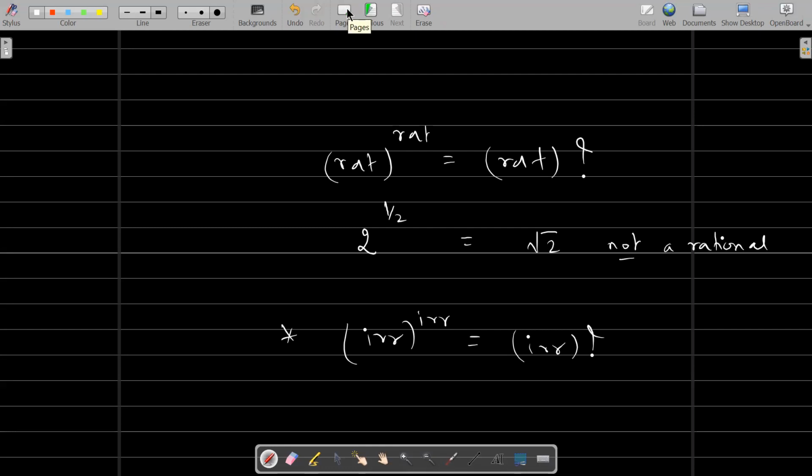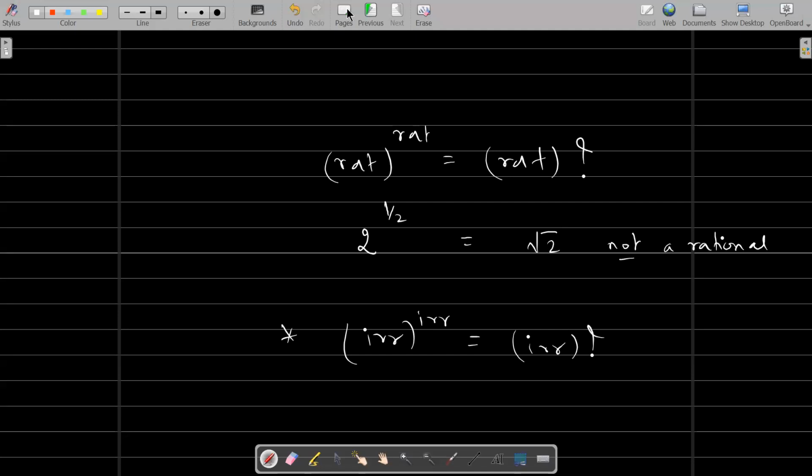So what do you mean, irrational raised to irrational? I think it cannot be denoted. For example, like 3 to the power 3 by 4.